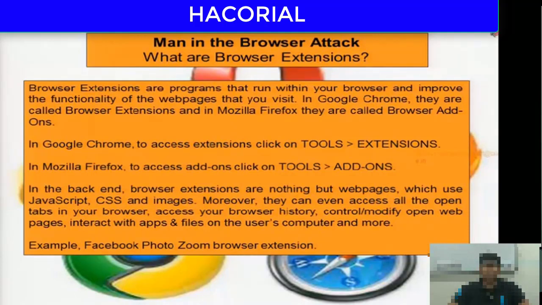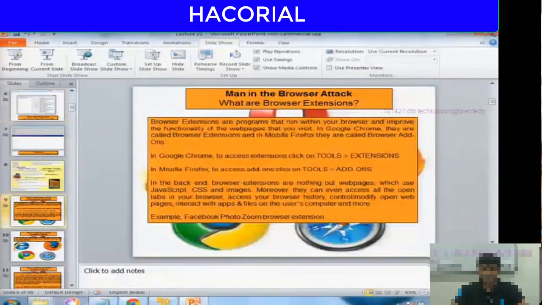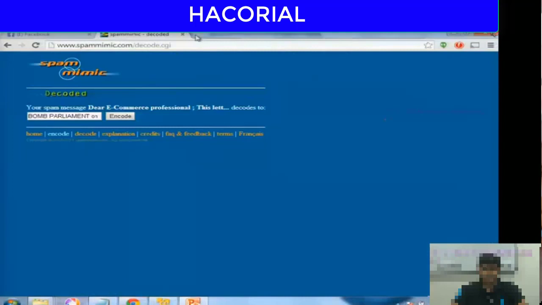In Google Chrome they are called browser extensions, and in Mozilla Firefox they are called browser add-ons. So there are thousands of such browser extensions available. So let me just quickly show them to you. So I've opened up, say, Google Chrome.